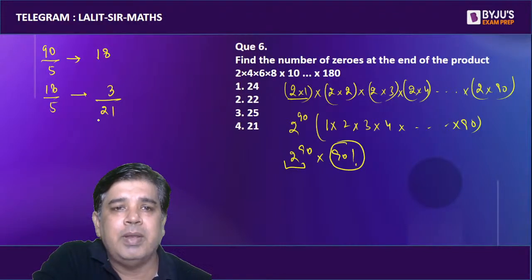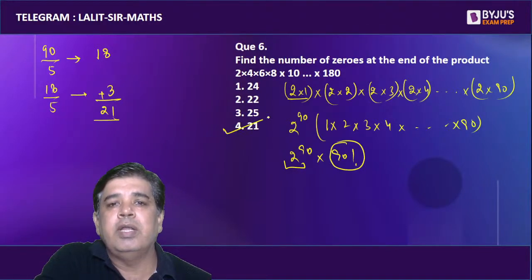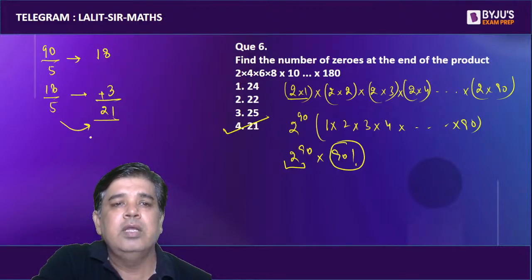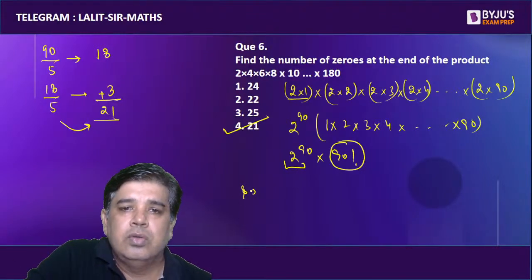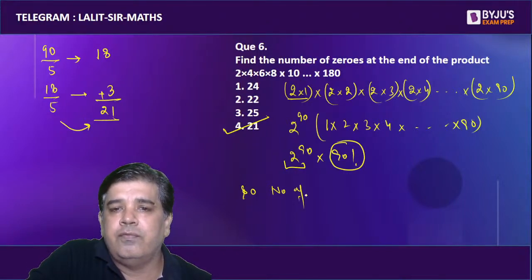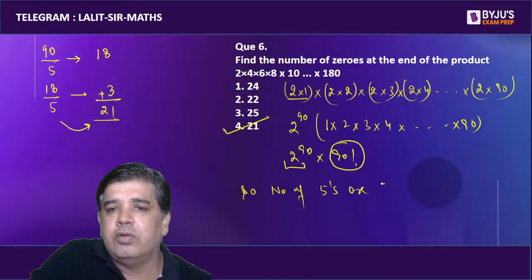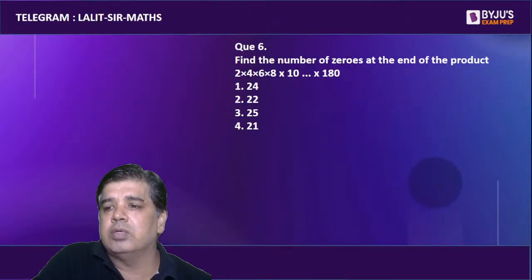So 18 plus 3, a total of 21 fives are there. So the number of 5s is 21, which means the number of trailing zeros is also 21, because they are equal.